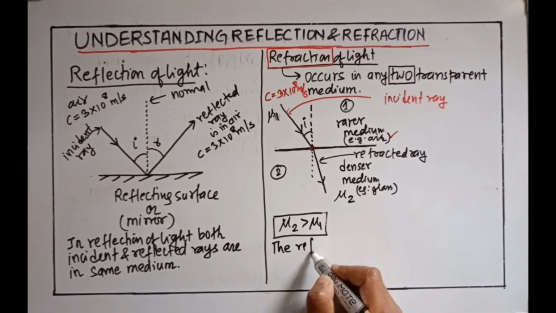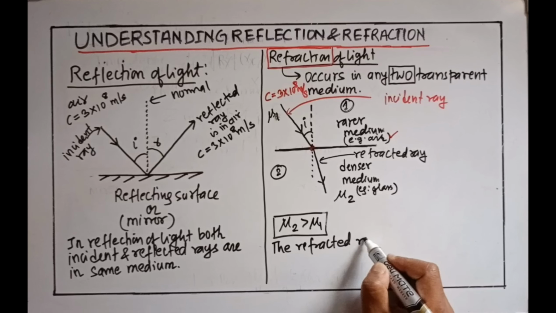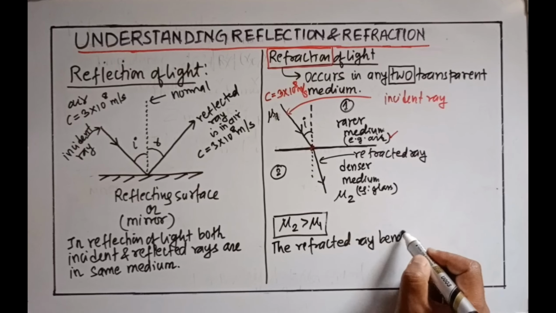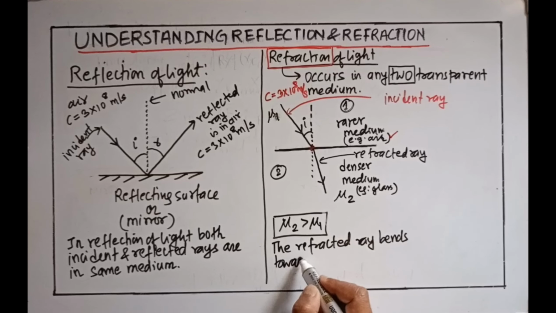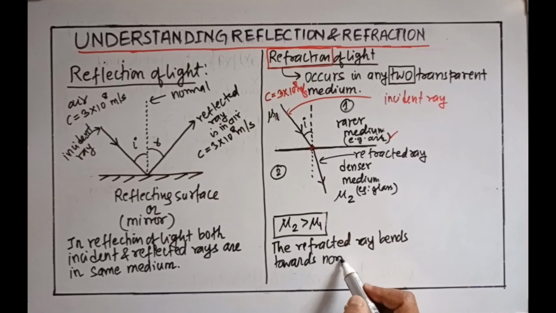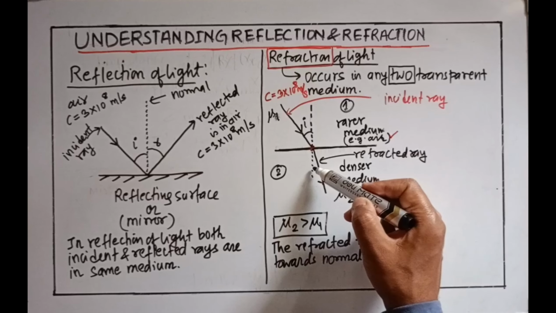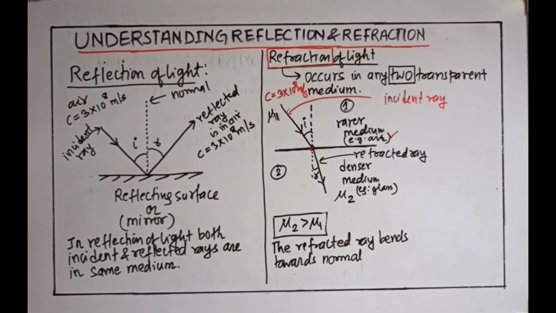The refracted ray bends towards the normal when we have the incident ray in the rarer medium and it suffers refraction in the denser medium, and this is the angle of refraction. Clear? The refracted ray bends towards the normal.